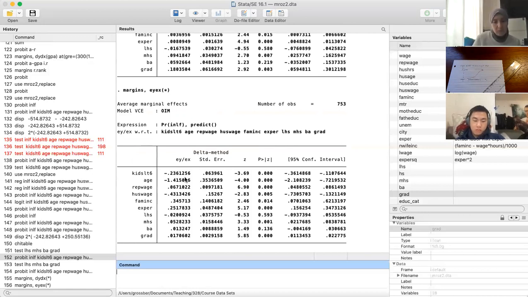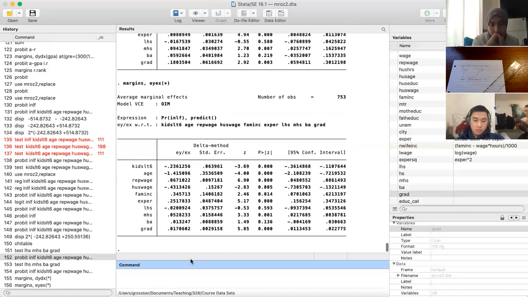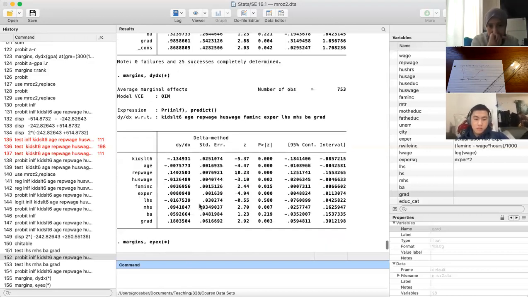Instead of estimating average elasticities and average derivatives, as we did here, we could ask, what are the marginal effects if each value is at its mean? Because that's similar to what we do in OLS.